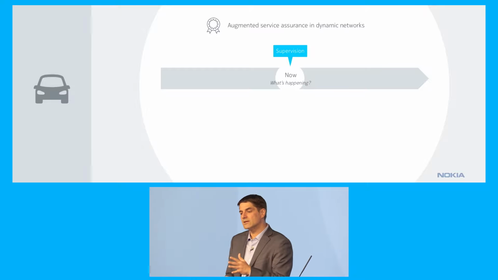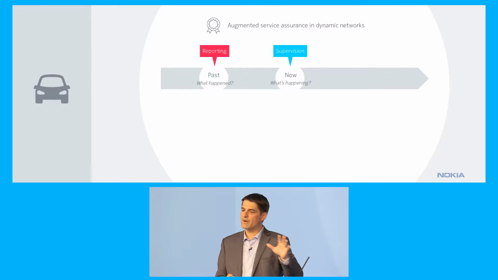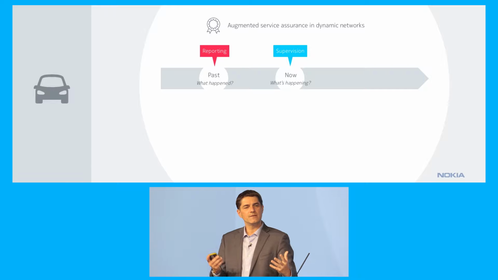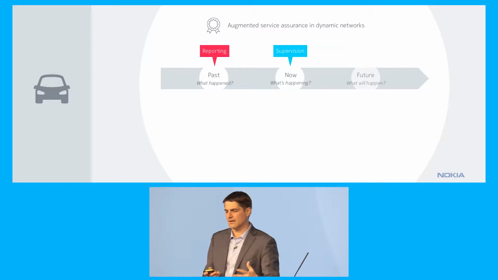Then there is a whole set of applications that deal with what happened in the past, primarily focused around different kinds of reporting views, historical reporting, graphing, etc. Those two things combined will help you troubleshoot and understand when something's happening in a network.